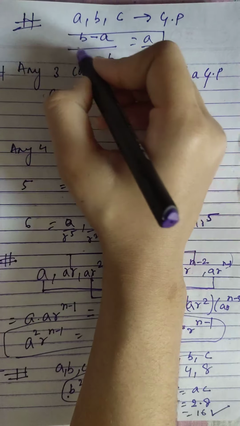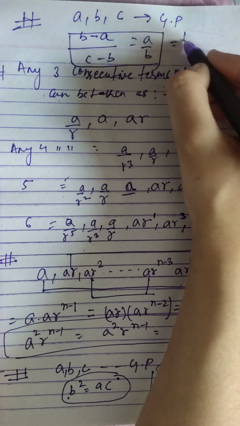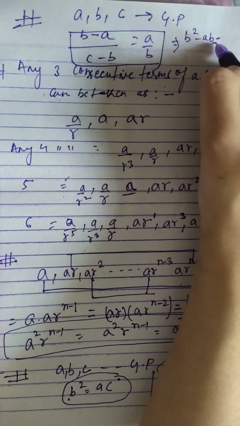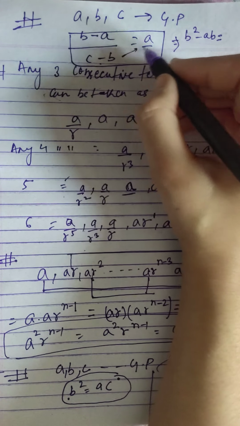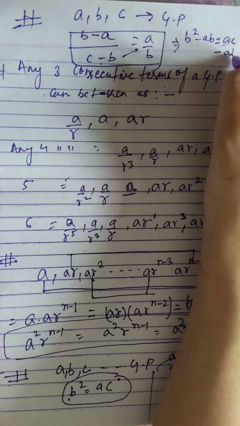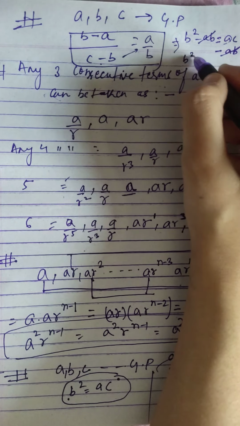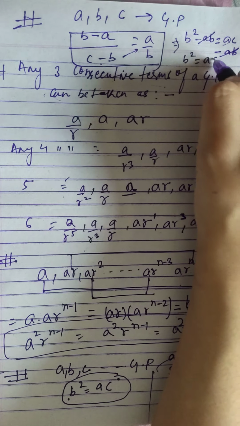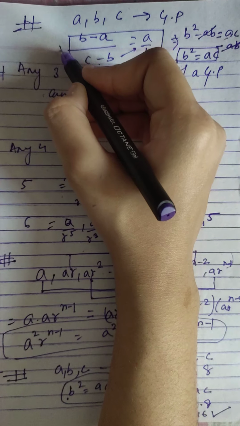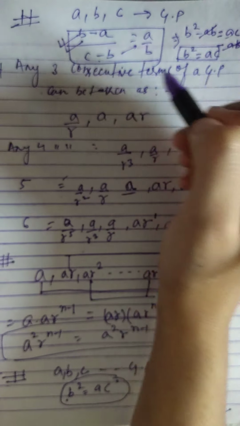Okay, you can see that if we cross multiply, b square minus ab is equal to ac minus ab. So ab and ab get cancelled out, and we are again left with b square equal to ac. So if you want to learn it, you can definitely learn it, otherwise you can leave it also.